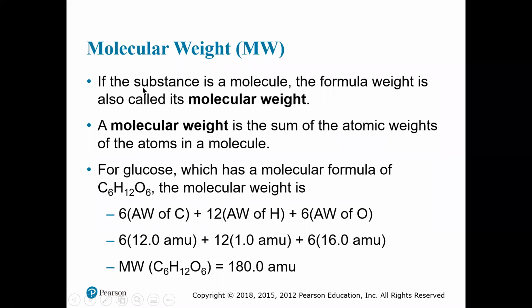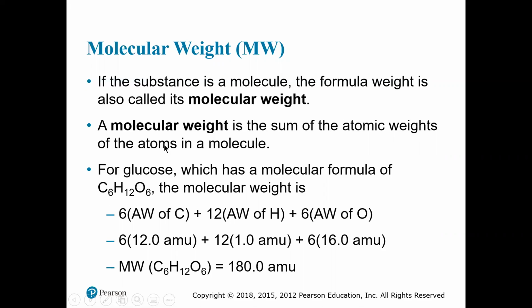So a molecular weight is what's actually happening in the substance or in the molecule. Molecular weight is the sum of the atomic weights of the atoms in a molecule. So if we look, for example, here at glucose, which has a molecular formula of this thing right here.